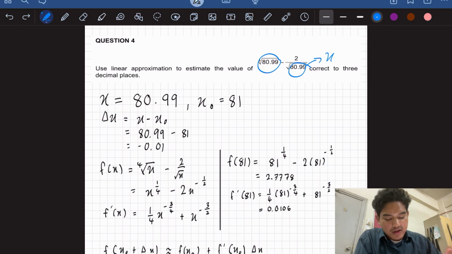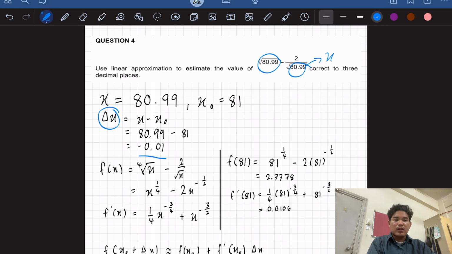So after that, we must find the delta x. Delta x is equal to x minus x naught. So the delta x is equal to negative 0.01. Then we use f(x) equal to 4th root x minus 2 over square root x.